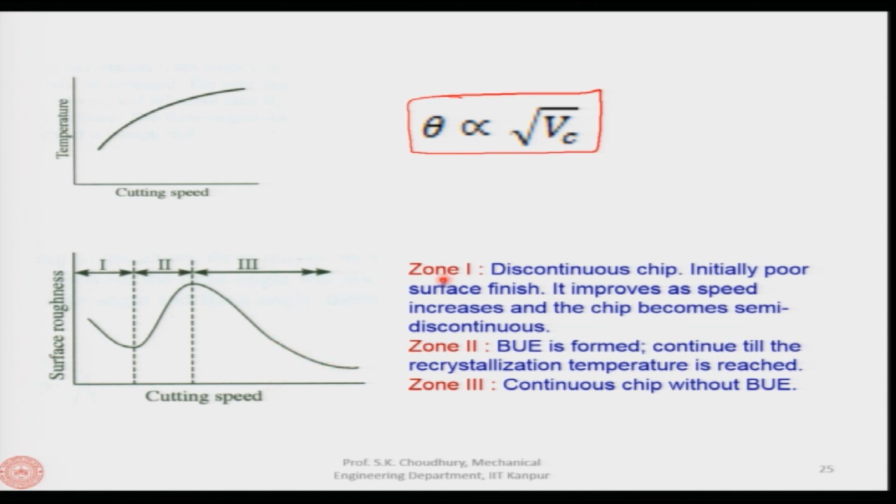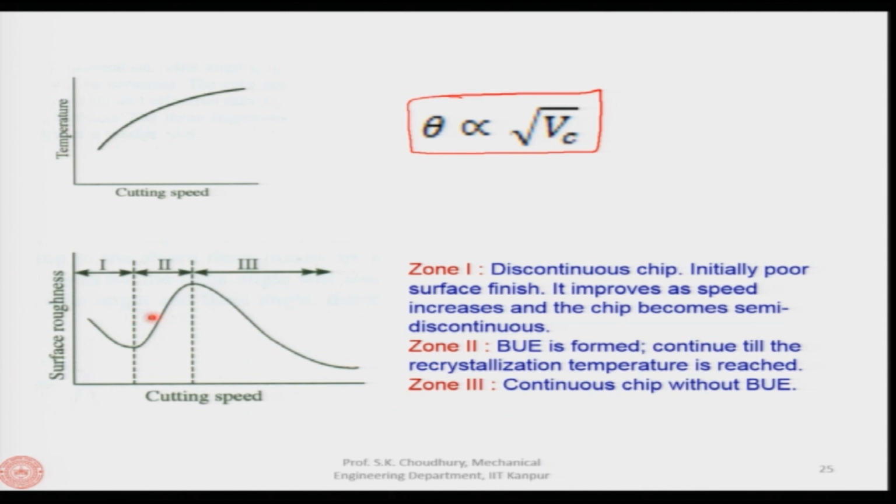So, if you can see in zone 1, discontinuous chip, initially poor surface finish, that is here. All right. It improves as the speed increases and the chip becomes semi discontinuous. So, it is not really continuous exactly, but it is relatively more continuous, and therefore we are calling it semi continuous, and the surface finish becomes better.